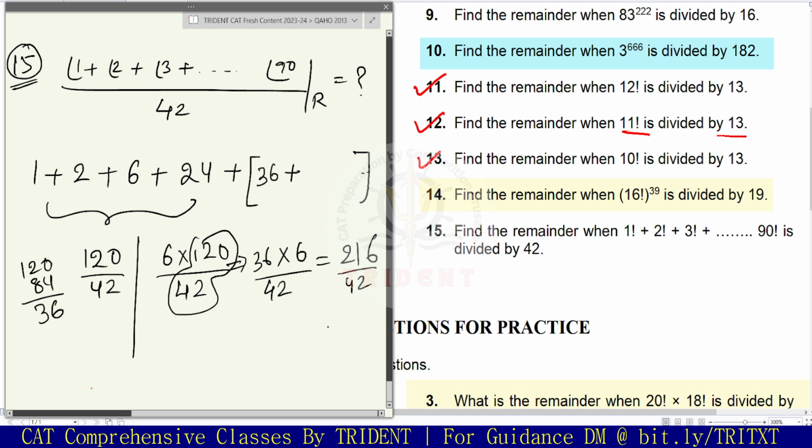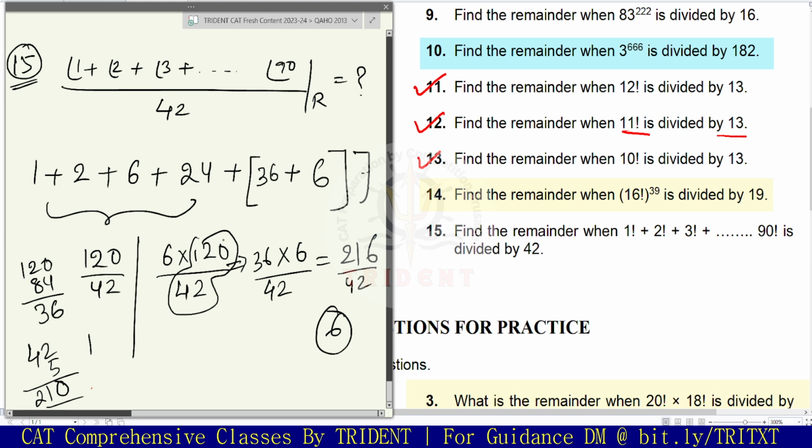So I think 5 times it should cancel. Basically I'm looking for 42 into 5, which is 210. So the remainder will be 6. And factorial 7 onwards you will find 0 remainder. So this is what it should look like.